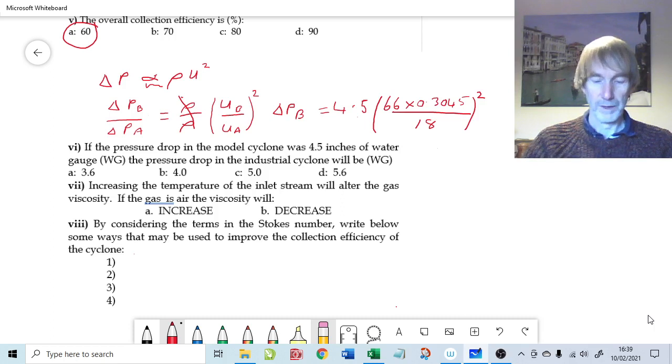And we need to square that, so that's 1.015 times 1.015 times 4.5, which is not any of those answers, because I get 4.6. I'm sure it should be 5.6 actually. Quick check.